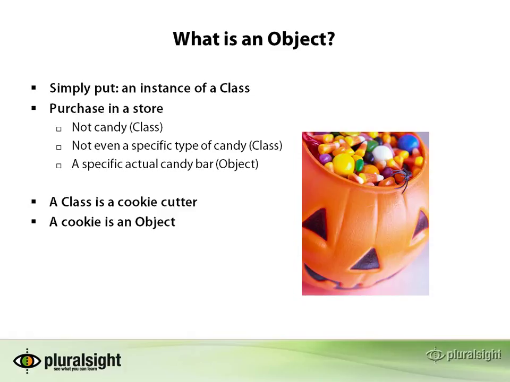That's still a class, because you might have this idea of, I want a candy bar, or I want a Hershey's bar. You can't buy this concept. You can't just buy candy, or you can't just buy a Hershey's bar. You have to buy a specific actual candy bar. So if you're really going to the store to buy candy, you'd pick up a candy bar, you'd put that on the counter, and you'd buy that, and that is an object.